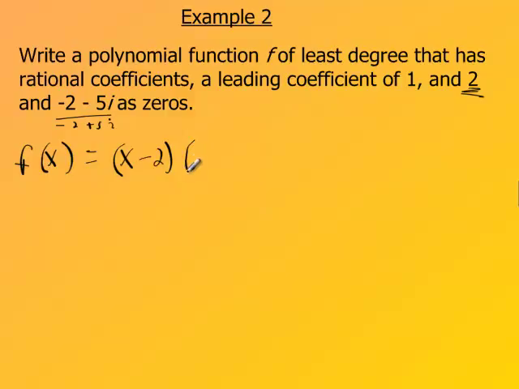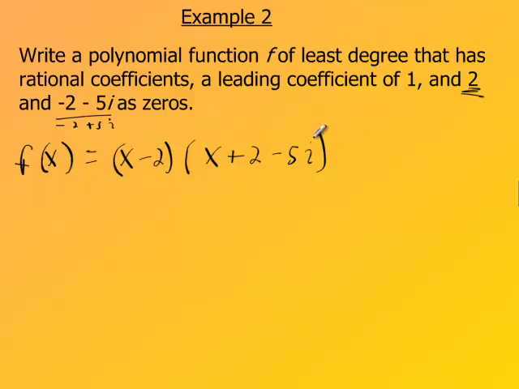And then we'll come up with factors that use this complex. So I have x, just like I have with the x minus 2, and this is going to be plus 2 minus 5i. And the reason why I know that this is plus is because this leads off as a negative.